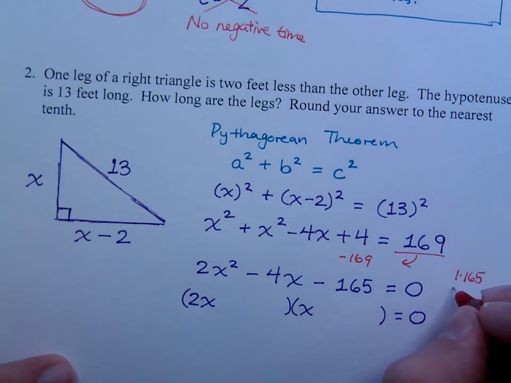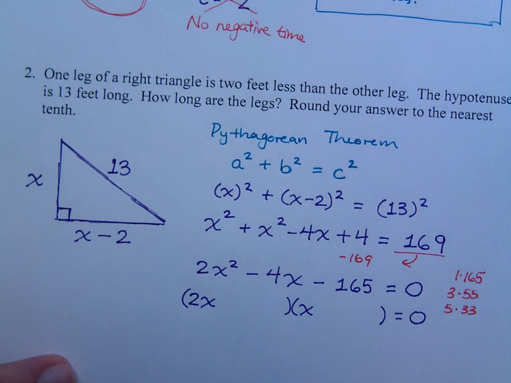It can also be 3 and 55. It can be 5 and 33. And it can be 11 times 15.